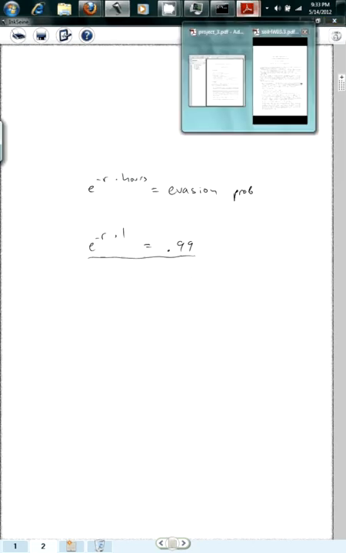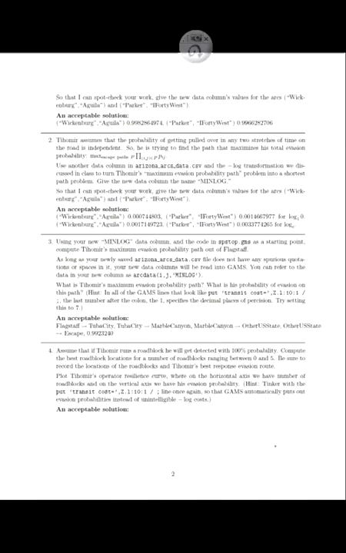That's basically problem number 1, and you can see the kinds of numbers that came out of my transformation. In problem number 2, we're just applying the minus log transformation to turn these probabilities of evasion into something we can solve with the shortest path. In problem number 3, we're computing some escape routes.